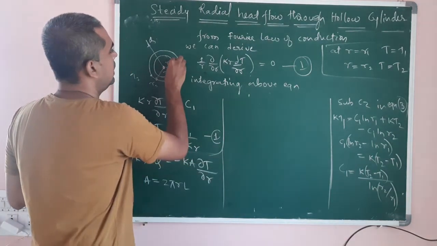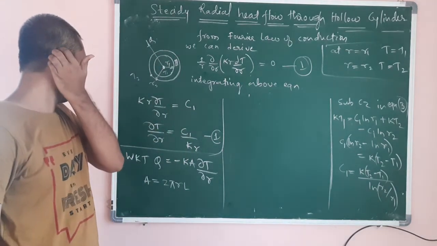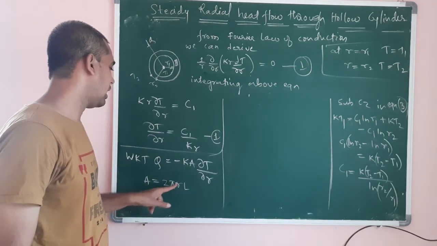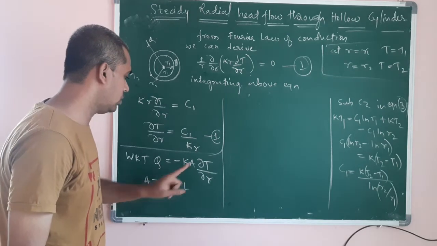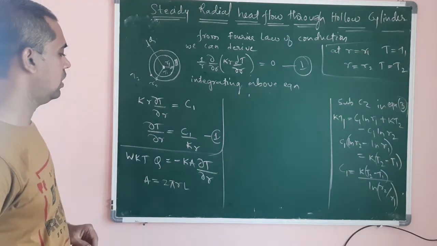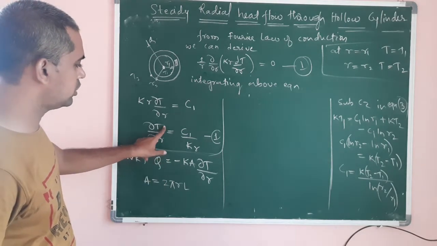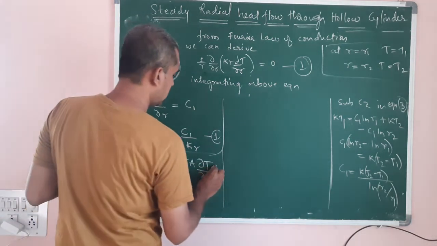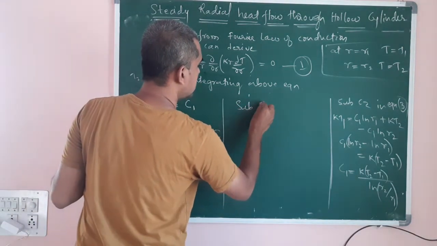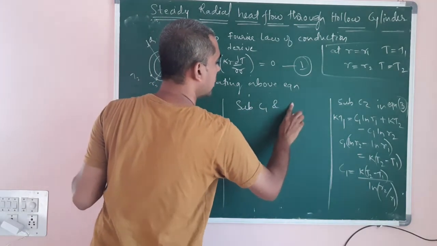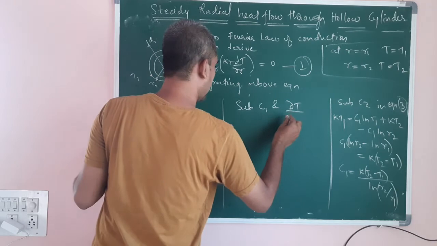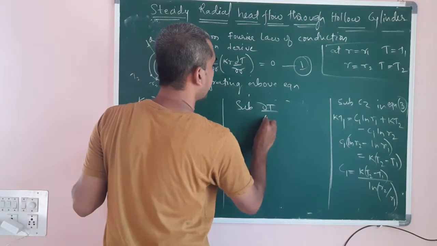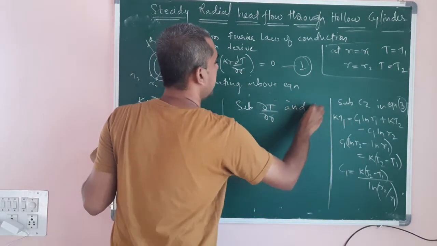Actually, we have to consider an elemental strip and go from that. Here A is equal to 2 pi R into L. I will substitute dou T by dou R and A in this equation.